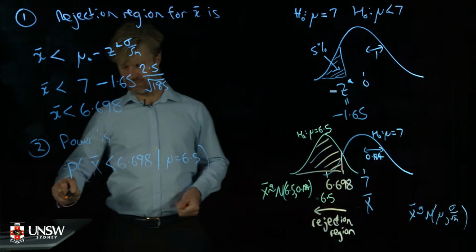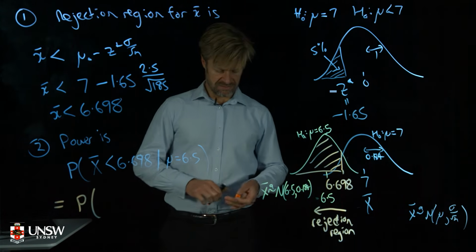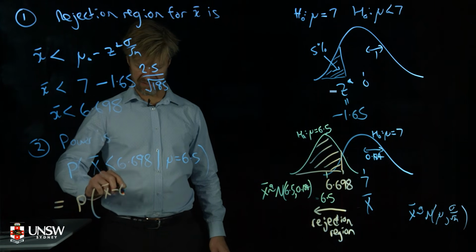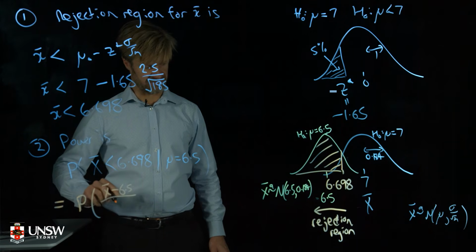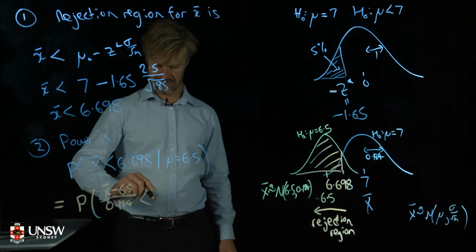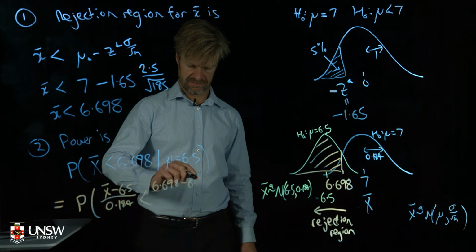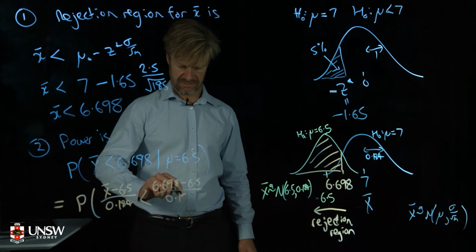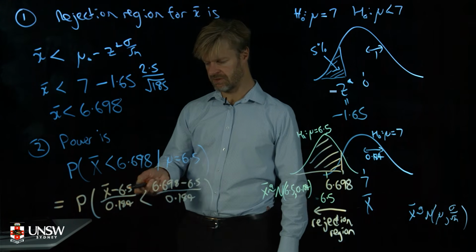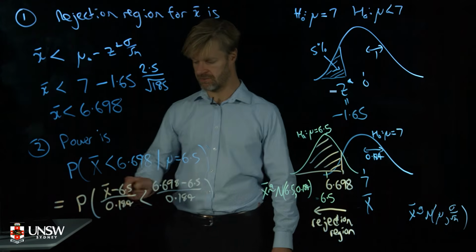So that's equal to, and one way to do it is to standardize: x bar minus its mean, minus 6.5, divided by its standard deviation, 0.184. Once we've subtracted off its true mean, at least its true mean under this hypothesis, and divided by its standard error, we get a standard normal.